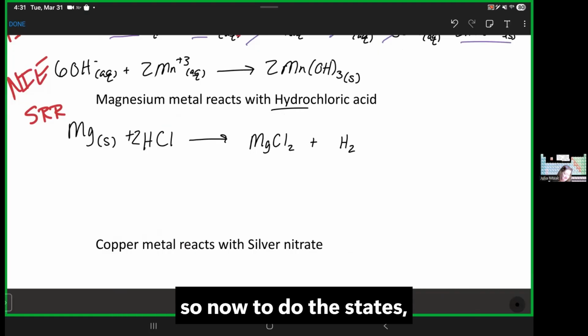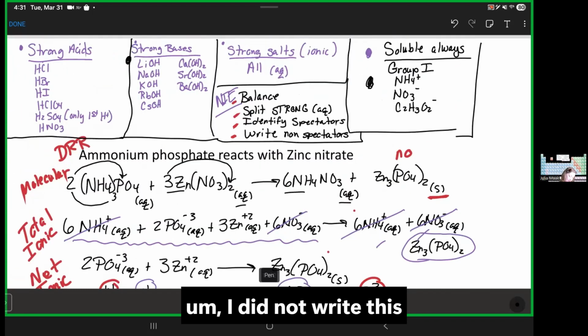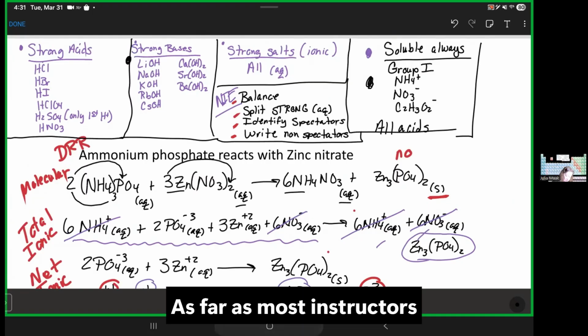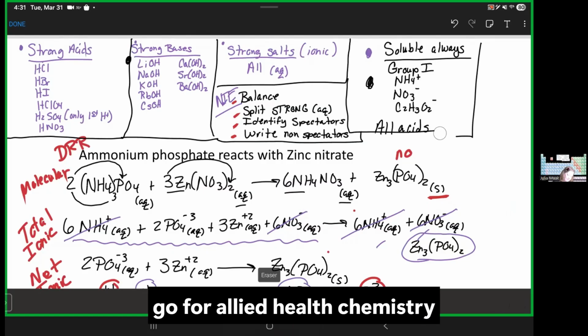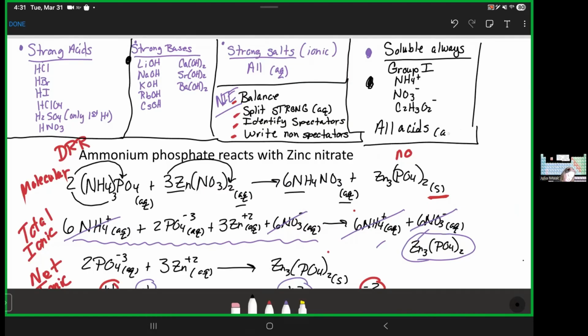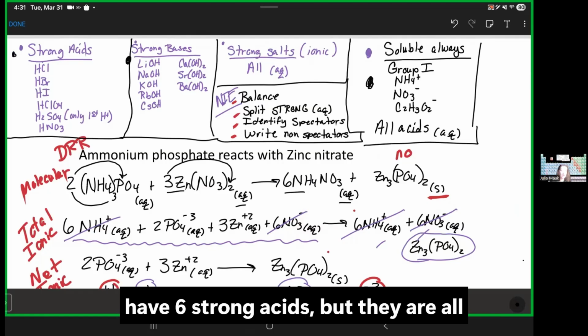Okay, so now to do the states, I did not write this up here, but all acids, as far as most instructors go for allied health chemistry and general chemistry, all acids are aqueous. Not all acids are strong. We only have 6 strong acids, but they are all aqueous.